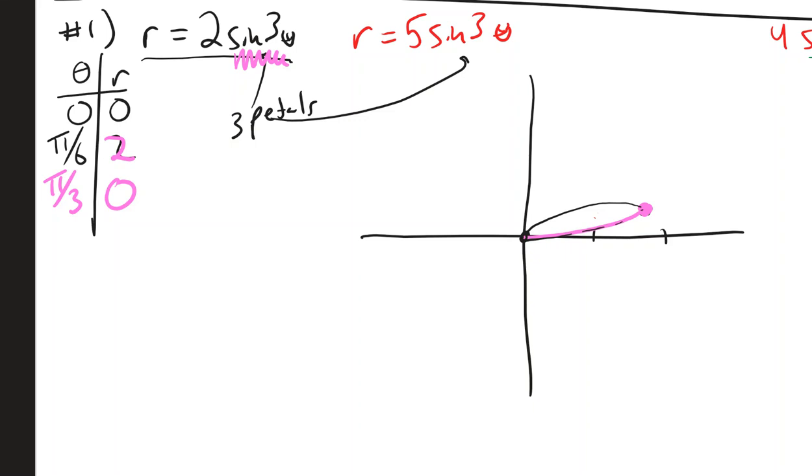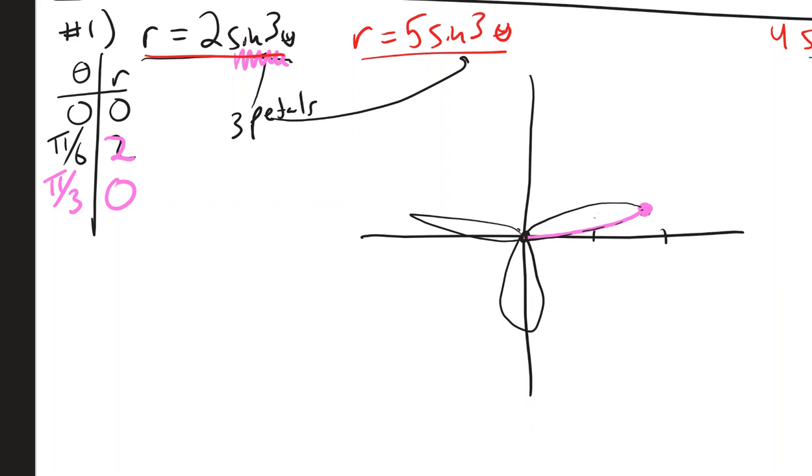So anyway, there's one petal, and I know the petals are going to be symmetrical, so probably something like that. But I don't really care, and I'll tell you why in a second. Now look at these 2 functions.